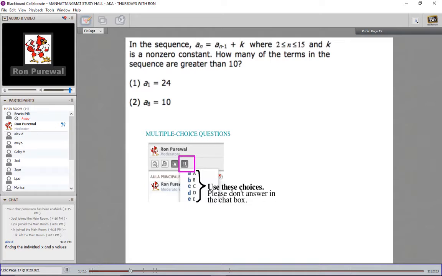Don't forget the goal of the problem. That's the goal of the problem. Nothing else is the goal of the problem. Keep that in mind.